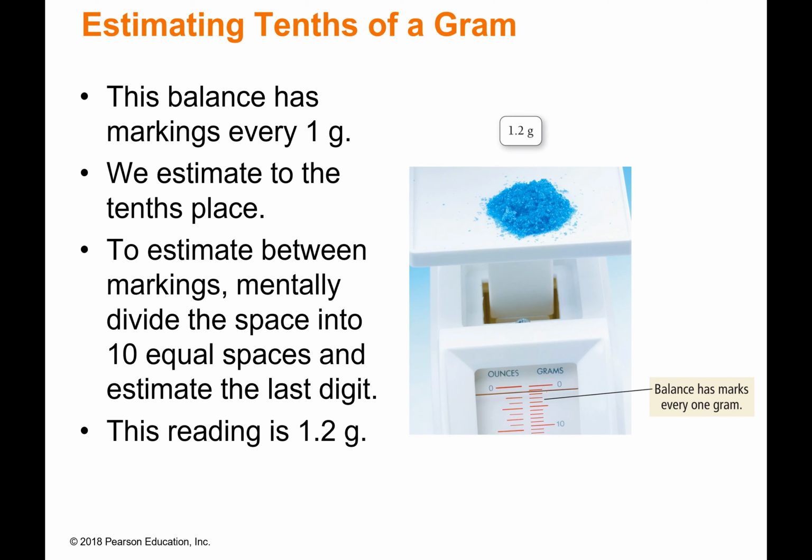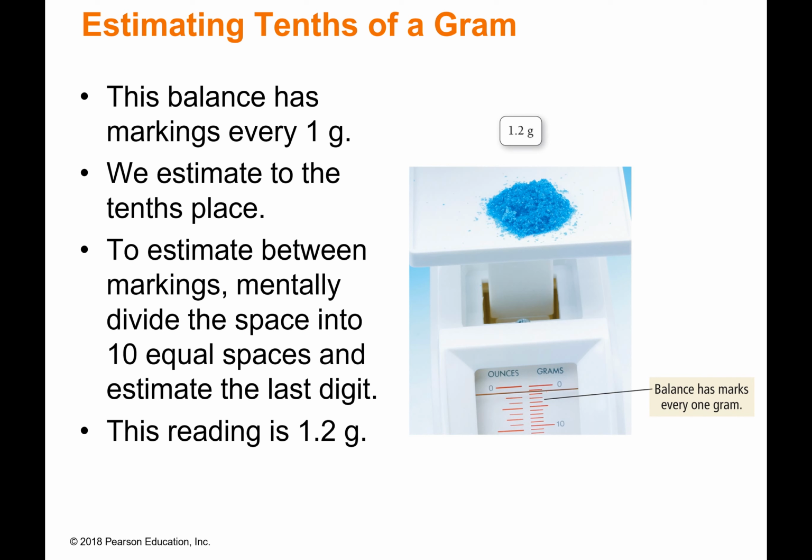First, establish what your scale is. That's the very first step whenever you use an instrument and you're going to read it. Here we determined that every mark is 1 gram.